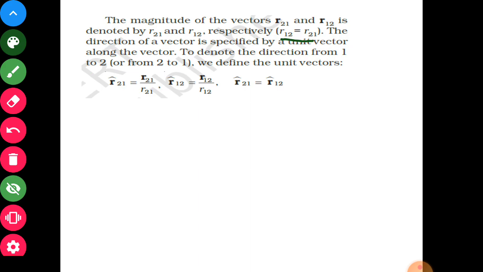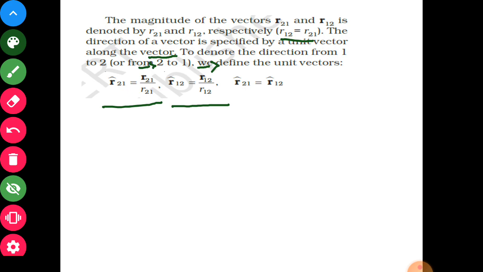The direction of the vector is specified by the unit vector along the vector, and these unit vectors, as I have explained, are unit vector r21, that is vector r21 upon magnitude of r21, or unit vector of r12, that is vector r12 upon magnitude of r12.